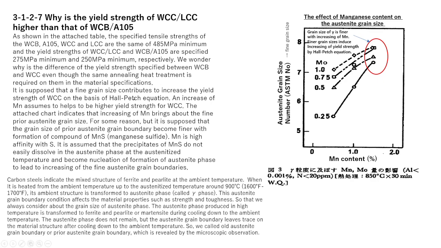As shown in the attached table, the specified tensile strength of WCB, A105, WCC, and LCC are the same at 485 megapascal minimum, and the yield strength of WCC, LCC, and WCB, A105 are specified as 275 megapascal minimum and 250 megapascal minimum, respectively.